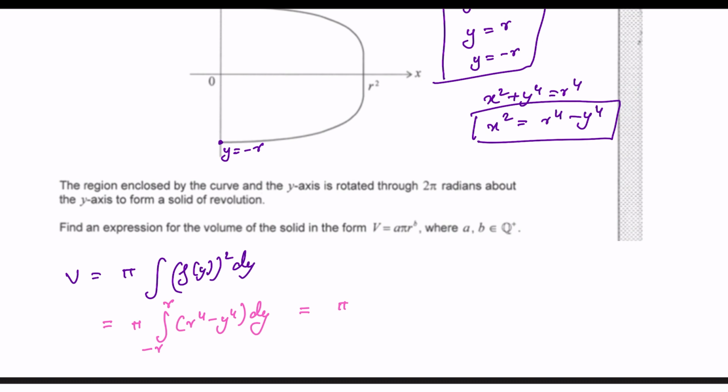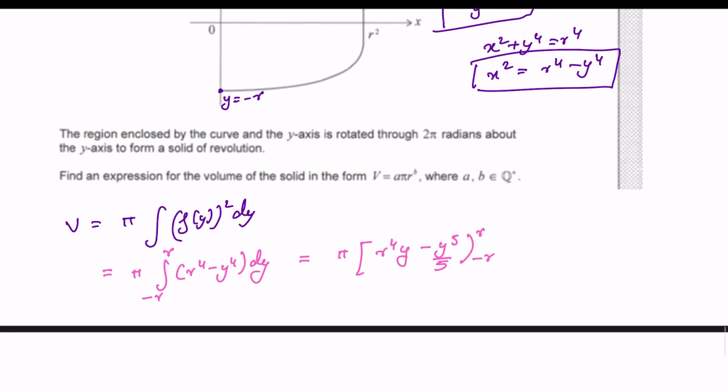Now, finishing this integral, this will be r to the power 4 y minus y to the power 5 over 5, from negative r to r. When I place y as r, it becomes r to the power 5 minus r to the power 5 by 5. When I place y as negative r, it becomes minus r to the power 5 plus r to the power 5 by 5.